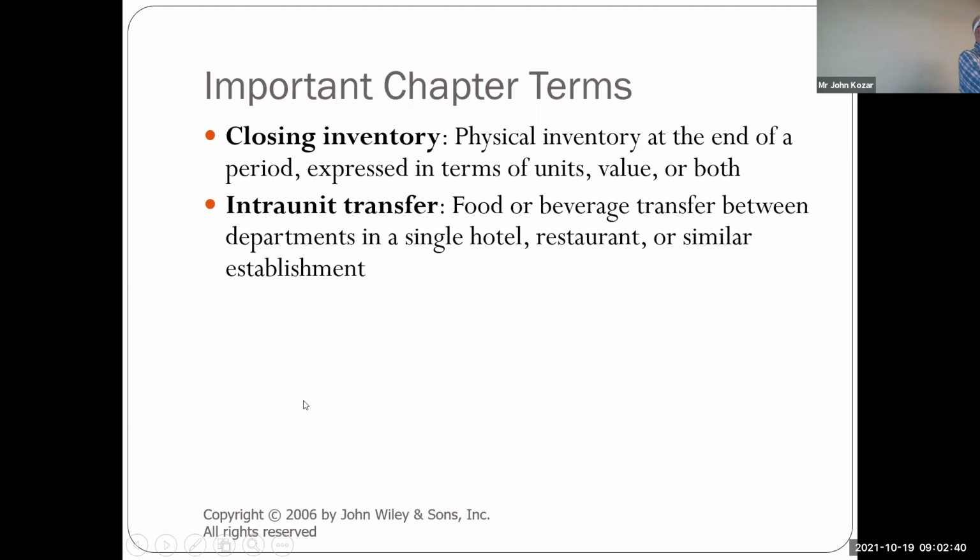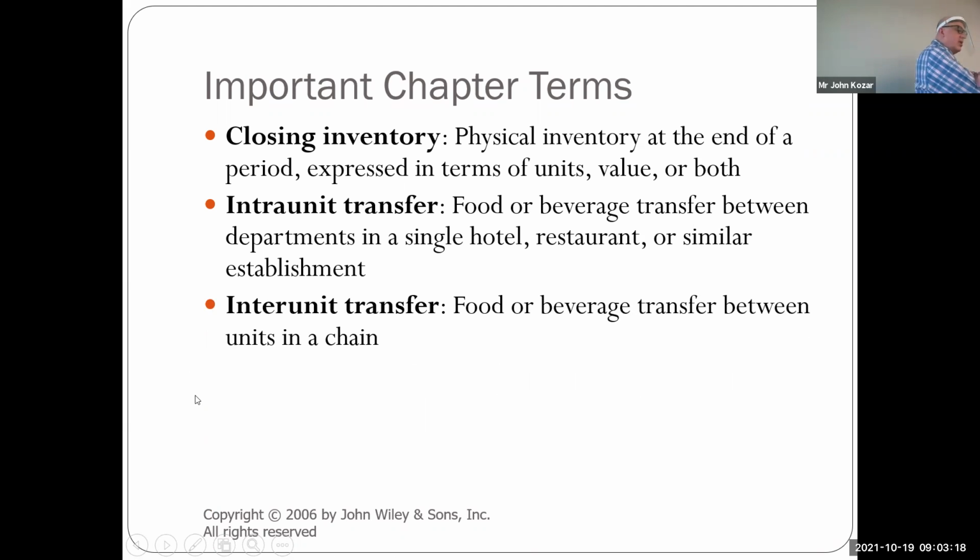So we would transfer the cost of the desserts to the banquets facility or to the buffet or to the fine dining restaurant or the coffee shop or the room service. So every month the hotel would then find out for each one of those units what their food cost percent was, if they were making money or losing money, that type of thing. So that is intra, like within.